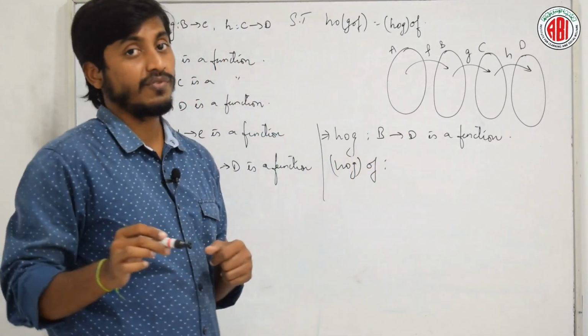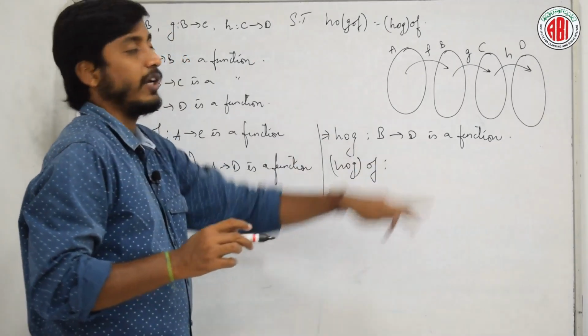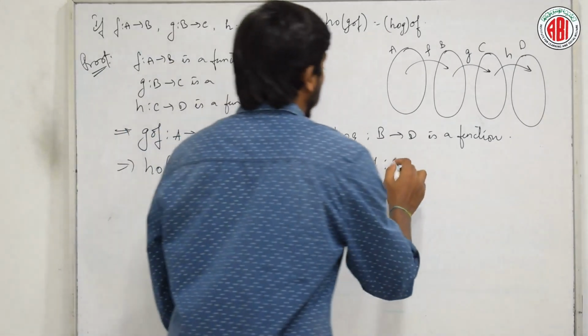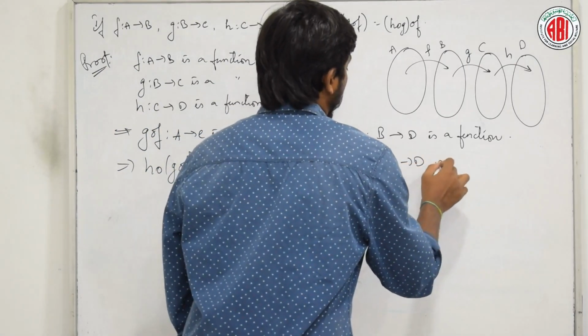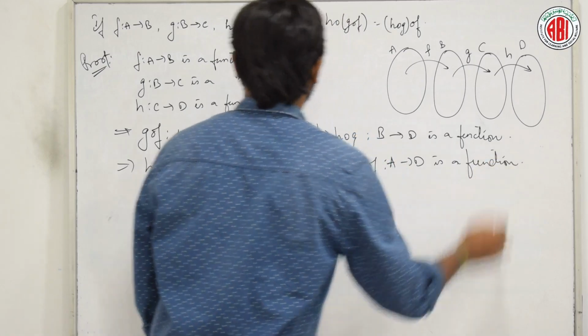The next is h circle g circle f. So the route starts from f. F is A to B, h circle g is B to D. Therefore it goes from A to D is a function. Is it clear?